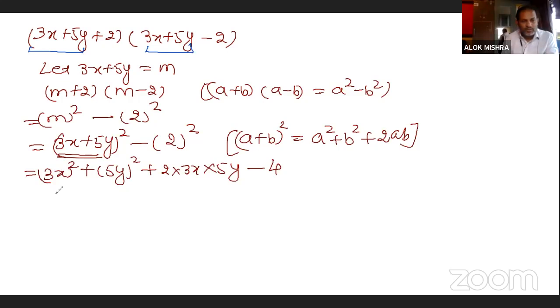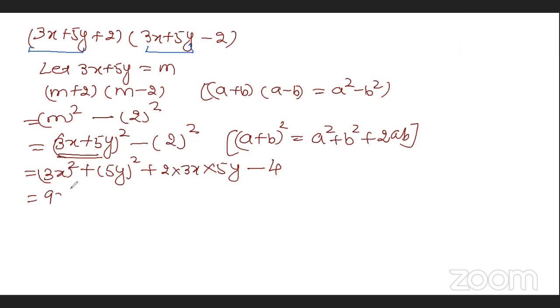So this is 9x square plus 25y square plus, 2 3s are 6, 6 5s are 30, so plus 30xy minus 4. So this is my final answer.